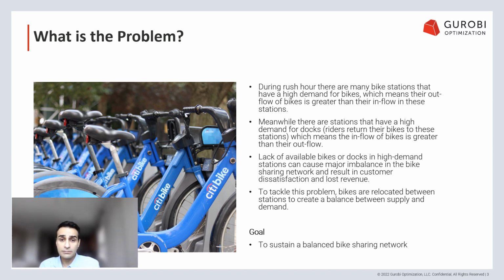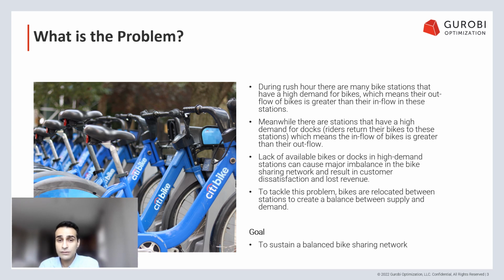So, on top of customer dissatisfaction, this can create loss of revenue because not everyone goes to a station, tries to take a bike, and then sees no bike and goes to another station to take one. Some people change their plans and maybe they become so dissatisfied that they never want to use the system again. So, as I mentioned, this is a problem that these bike sharing systems need to deal with.